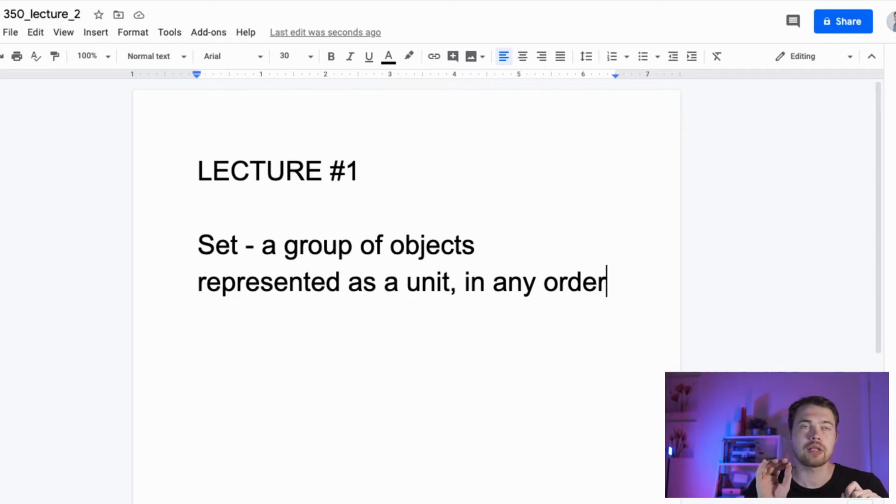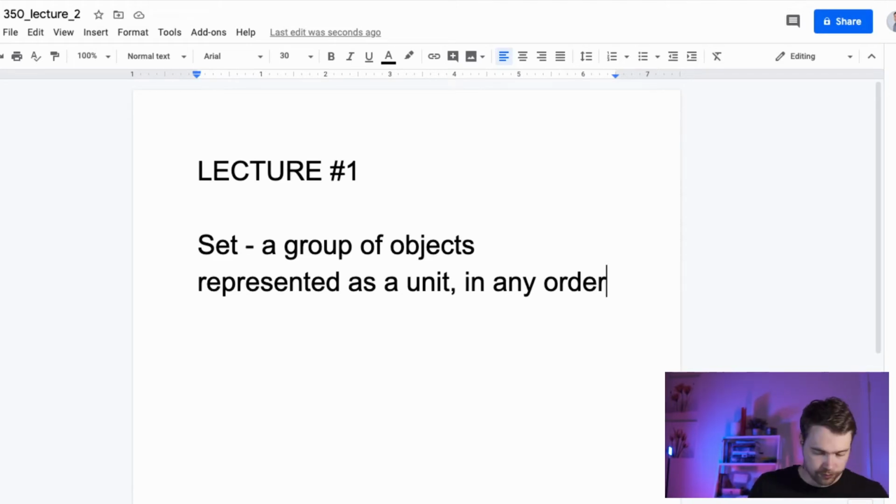It's a very important thing to notice that the order does not matter. For example, if I have a set of letters A, B, C, D, then the set of letters D, C, B, A will be exactly the same thing because the order doesn't matter. It will basically represent exactly the same set.